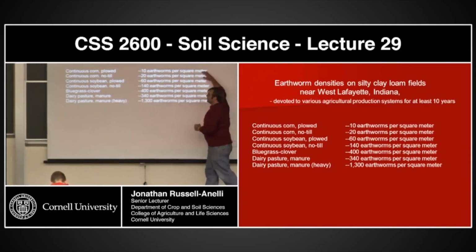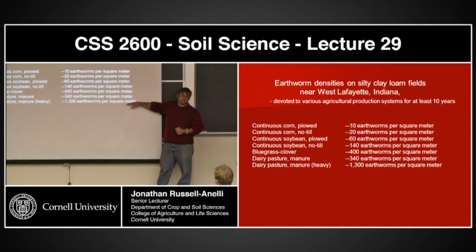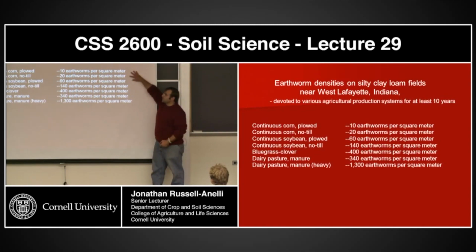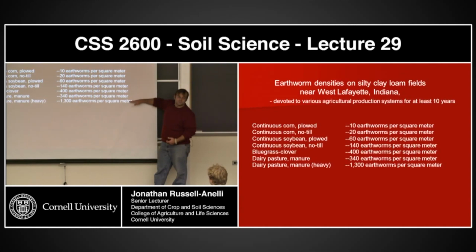And look at the distribution of organisms, or I should say the number of these organisms. Okay, plowed versus no plow, plowed versus no-till, corn versus soybean, grass system, a manure system, and a lot of food coming into that manure system. So if you just look at this slide, what is it telling you?